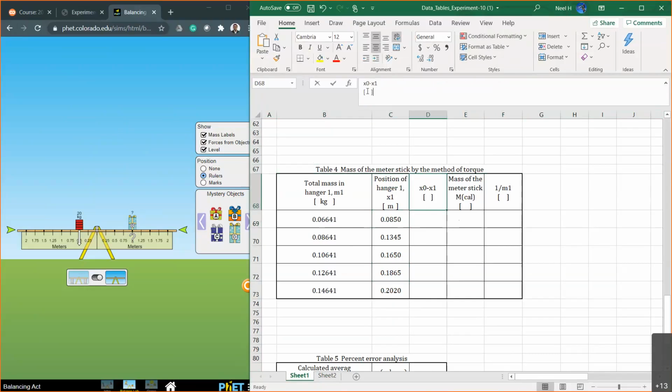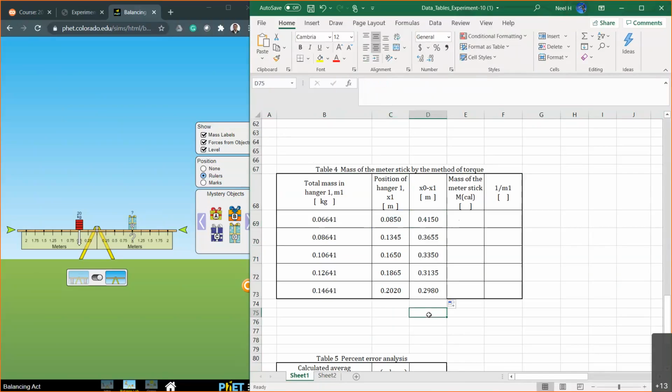All right, so to do that, we need x0 minus x1. x0 is 50 centimeters, the center of mass point, so it's 0.5 minus x1. We have to do that calculation here, of course, because we need it for the graph.